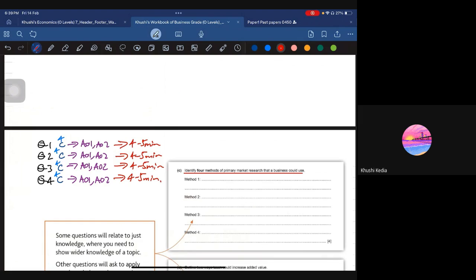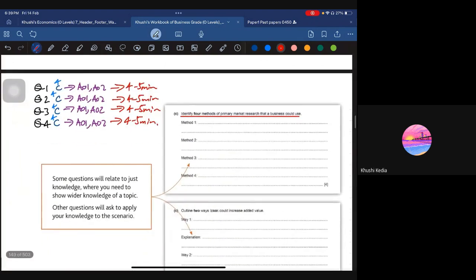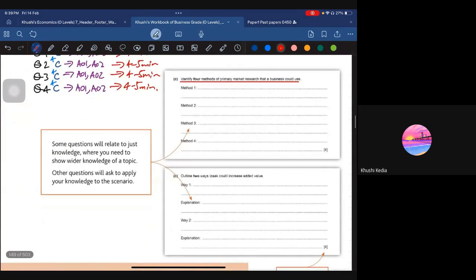You just have to write the methods like interview, observation, surveys, questionnaires, and the focus group. Those can be added very quickly, and you are going to get the full marks.